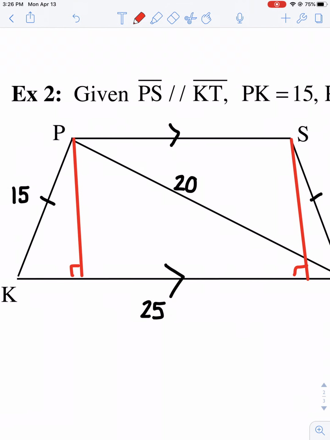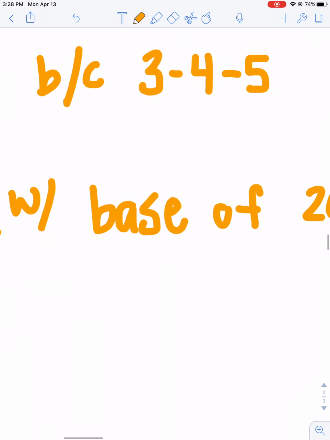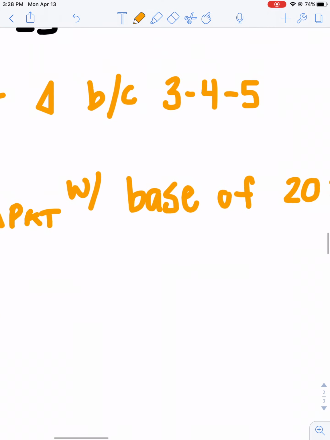We know that the area of a triangle, so we'll say area of triangle PKT with a base of 20, we know our altitude of a right triangle is also the height. So we have 1/2 times 20 times 15. After solving that, we get that the area of this triangle is 150 units squared.